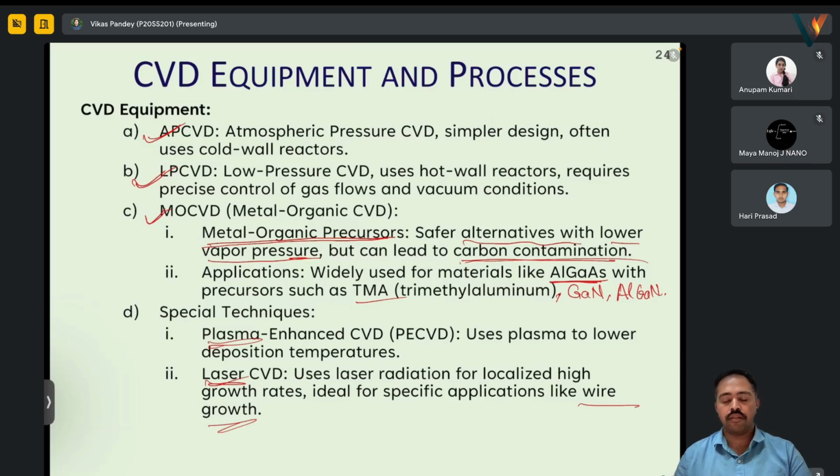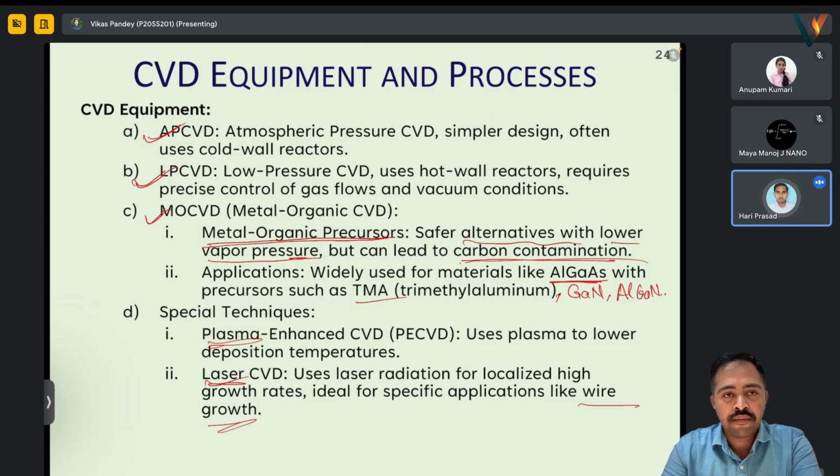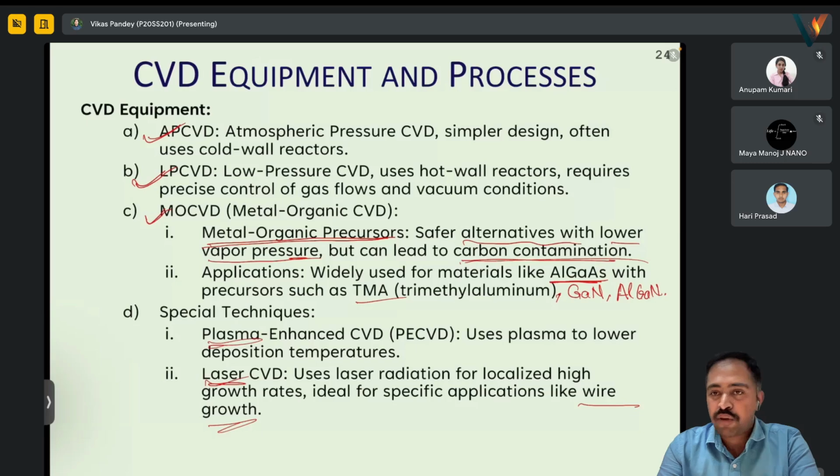Yes. Like the previous one, which CVD is commonly used in R&D labs and in industry? The most common one is APCVD, and then people go for LPCVD. MOCVD is quite costly and needs a lot of setup.